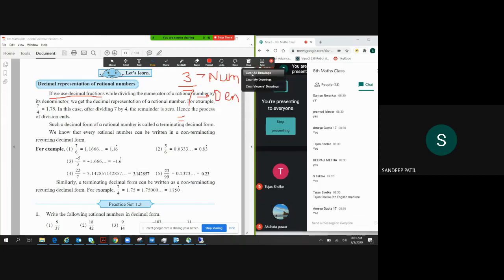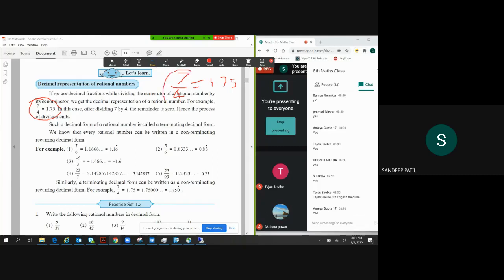So let's try this. They have given 7 by 4, right? So 7 divided by 4. We know how to do division, so I'm not going into the detail, but if we carry it out, we will get 1.75.